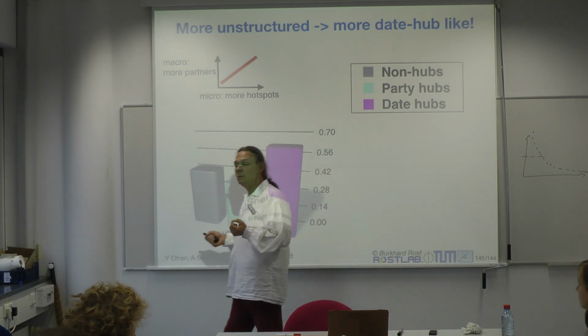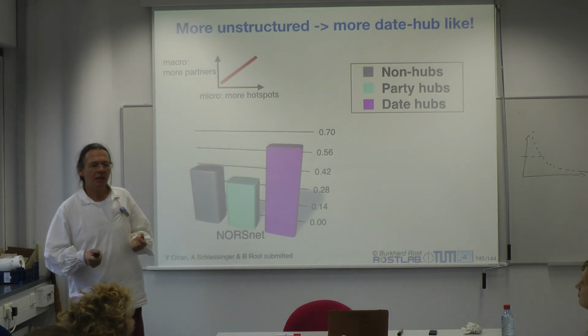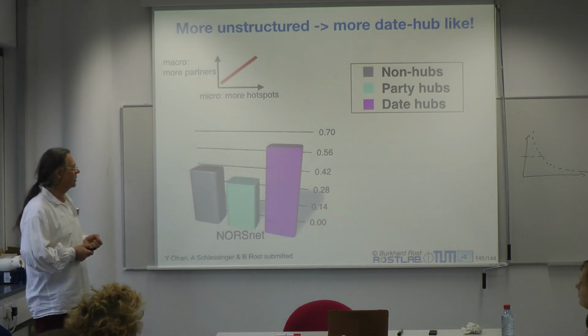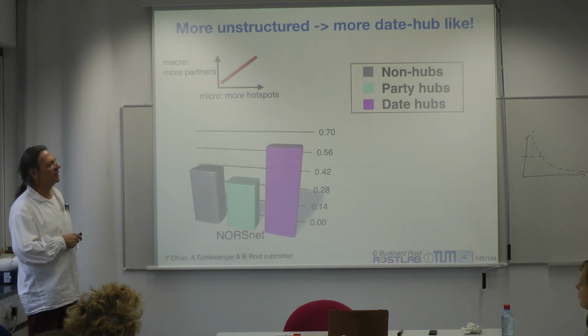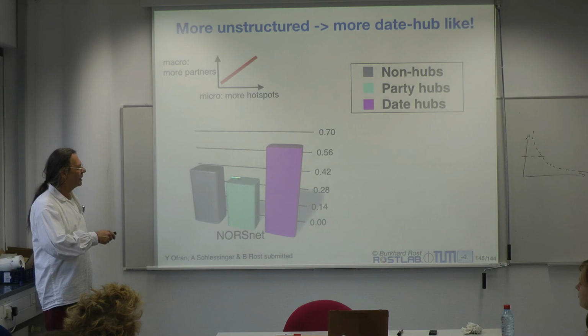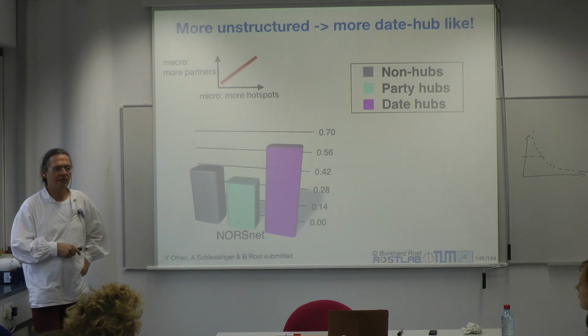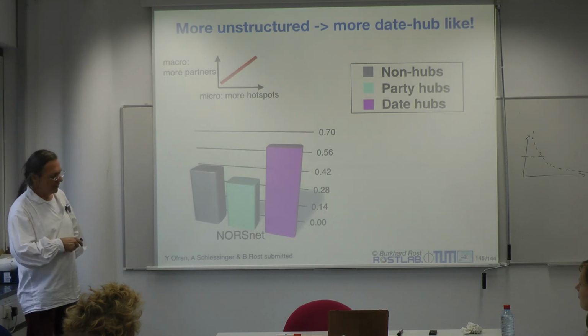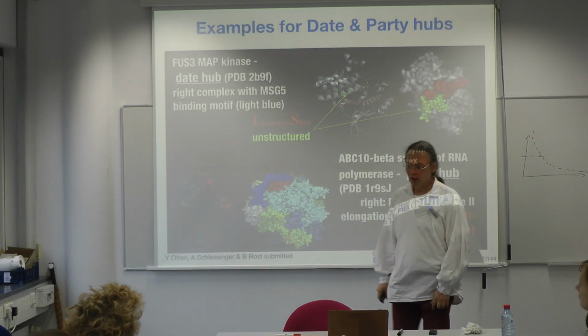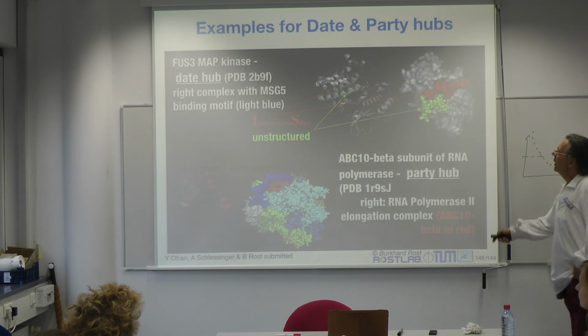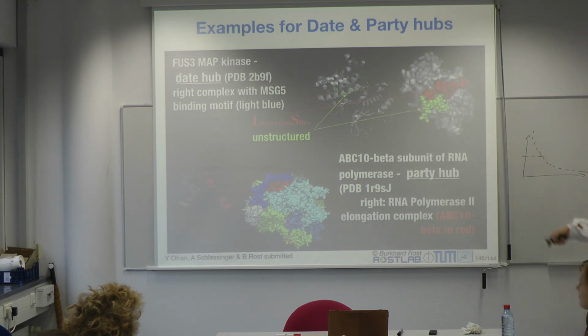So these are essentially long loops. Loops meaning not regular secondary structure, no helix, no strand. And you see this is now completely overrepresented in the date hub. Not in the party hub, and here, in fact, the non-hubs are even less. But somehow you can spot that, and for particular proteins here, you can, in one case, really show a date hub that you can predict through this. In one case, you can predict a party hub.